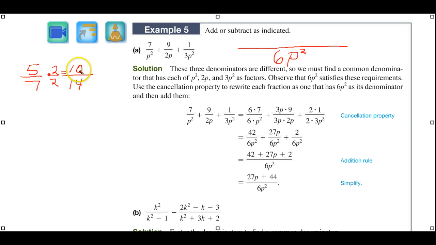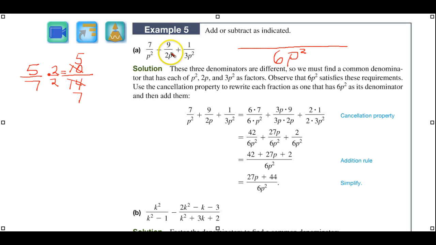So I now have an equivalent fraction that came from 5/7, multiplying it by 1 in the form of 2/2 to give me 10/14. And you might say, yeah, I could factor out a 2 from each of these and get 5/7. Okay, but we're going to use this concept as we try to change each of these denominators to our common denominator here. We're going to multiply each of these by 1 so that they all end up with a denominator of 6p squared.